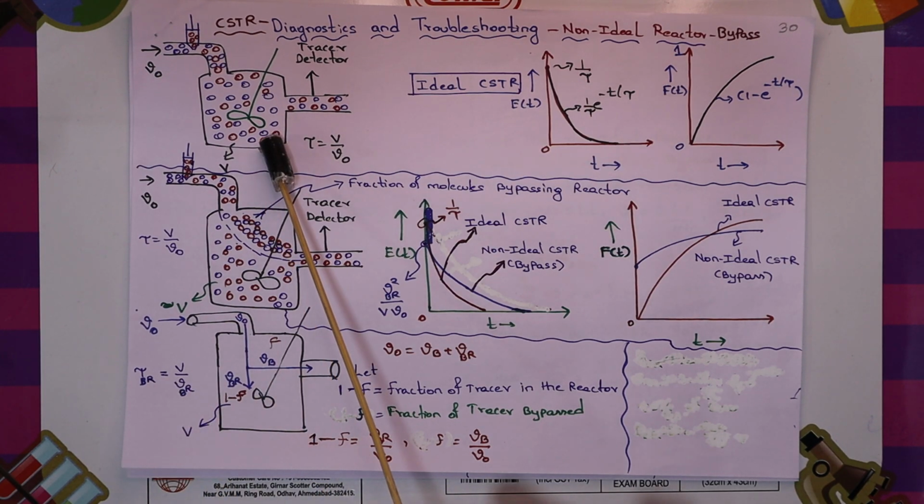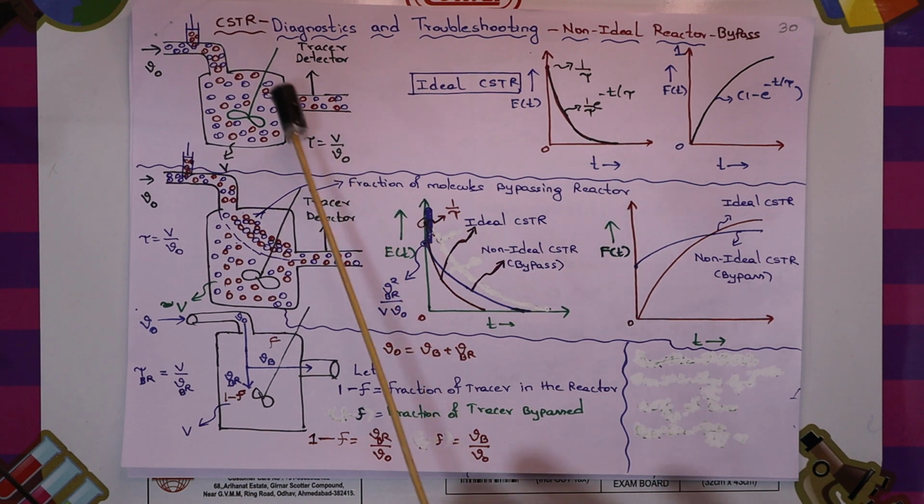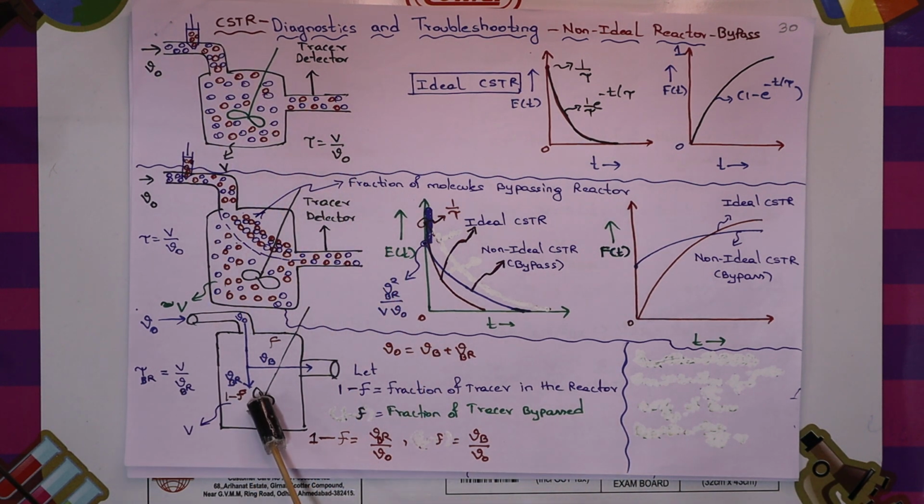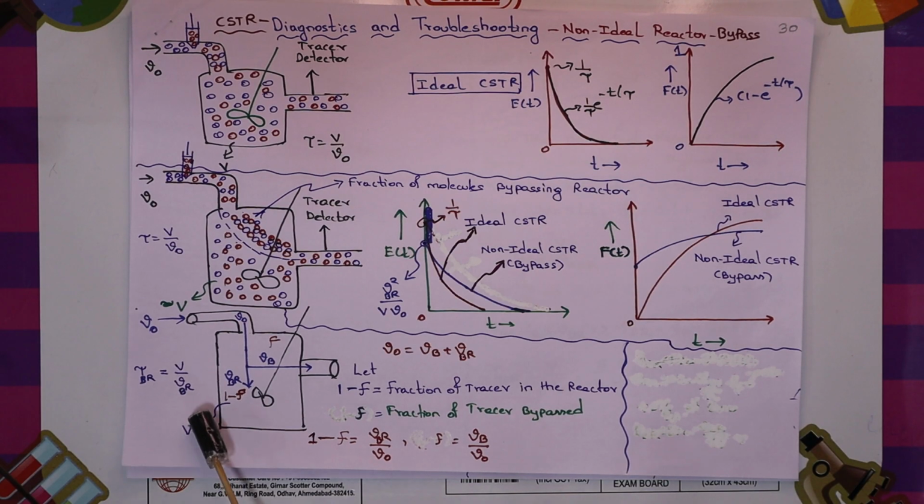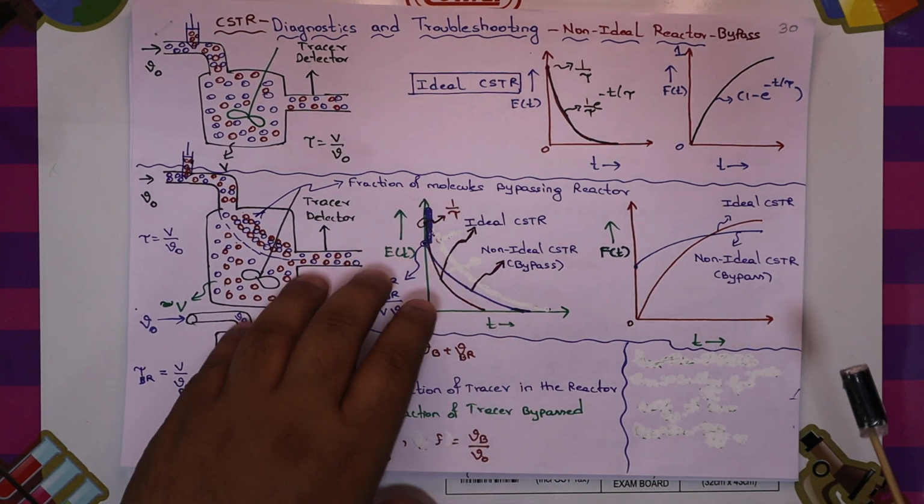For the ideal reactor, space time is equal to volume by total volumetric flow rate. Here you should not take the total volumetric flow rate; you should take the volumetric flow rate that has gone through the reactor. That is why the space time of this bypass reactor is the total volume divided by the volume flow through the reactor. So this is the main difference.